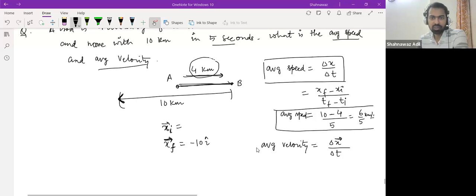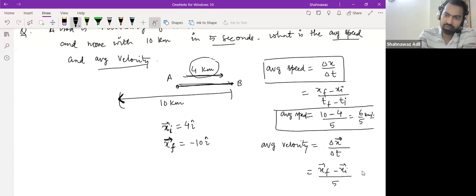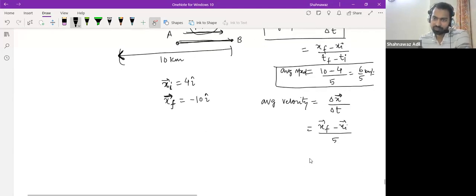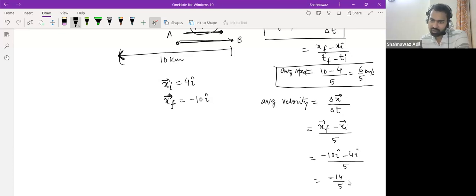Is this clear to you, Amna? Yes, sir. So this would be x final vector minus x initial vector divided by t, which is 5. So x final vector is minus 10 i minus 4 i, divided by 5, which is minus 14 by 5 i.